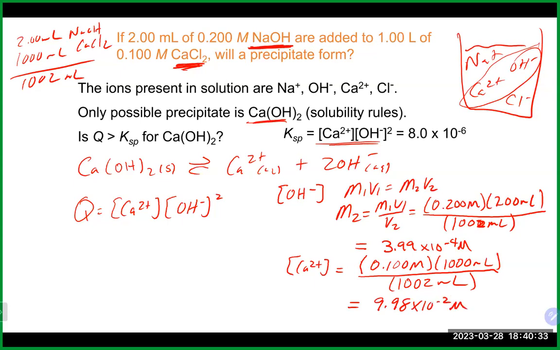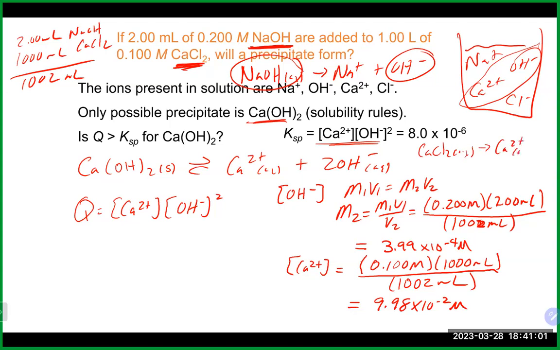I can relate the concentration of sodium hydroxide to the hydroxide because when sodium hydroxide breaks apart, you get a sodium ion and a hydroxide ion. It is a 1-to-1 relationship, which means the concentration of both of those things would be the same. Same thing with our calcium chloride. When the calcium chloride breaks apart, you get a calcium ion and 2 chloride ions.